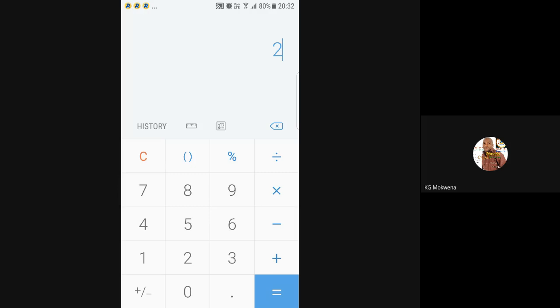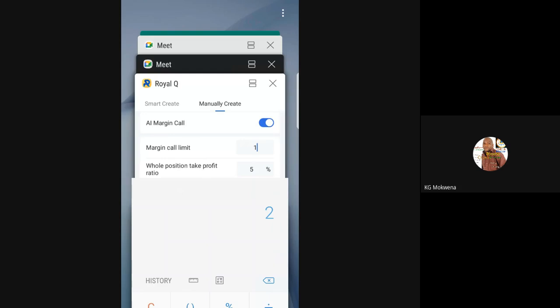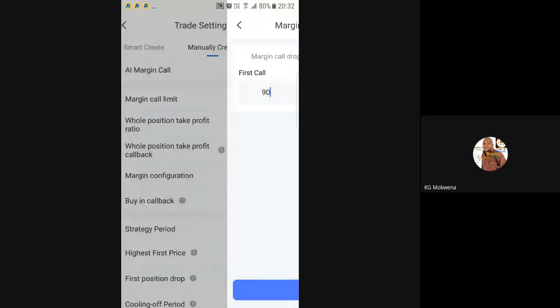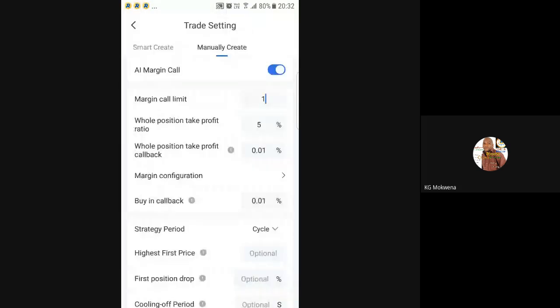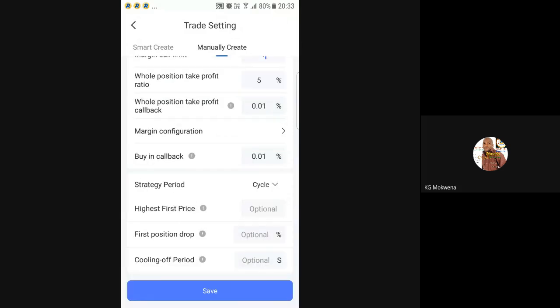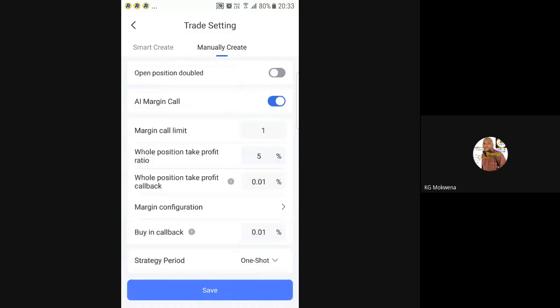So I put the smallest multiple buy-in ratio to be on the safe side, just in case anything happens, if there's a serious dumping of the coin, because anything can happen, this is crypto. So yeah, whole position take profit ratio is 5% there. And then this is going to be, at the moment, let's go with it according to one shot, because the coin is already on top.